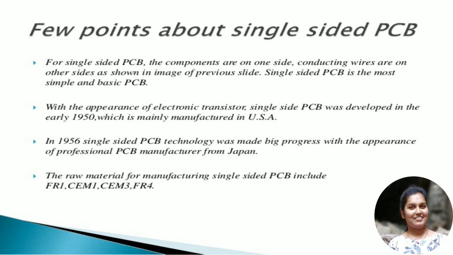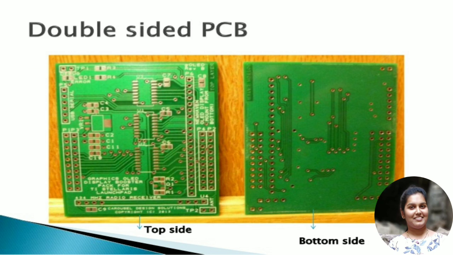So this is all about single sided PCB, on which only one side of the PCB is used for placement of components, and this is the most simple and easily available kind of PCB. The second one is double sided PCB.